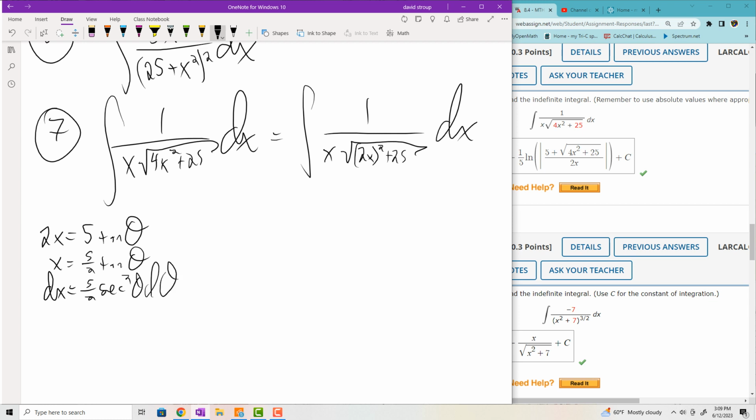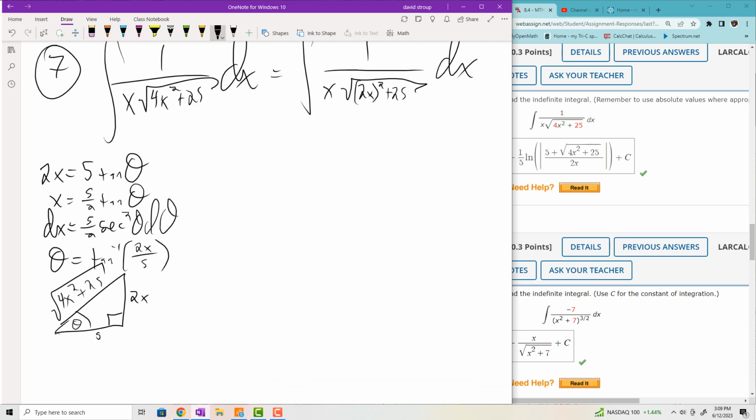Then I want my triangle, so theta will equal tan inverse of 2x over 5. Here's my triangle: theta, right triangle, opposite over adjacent, and then this side will be from the Pythagorean theorem. And then we can go ahead and dump everything into our integral and go from there.